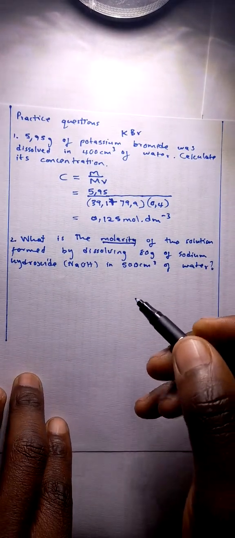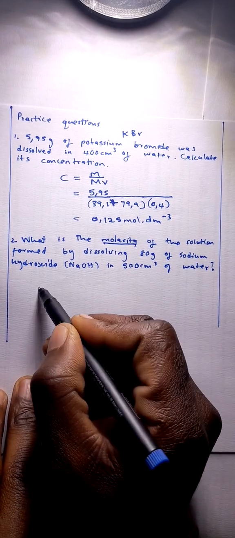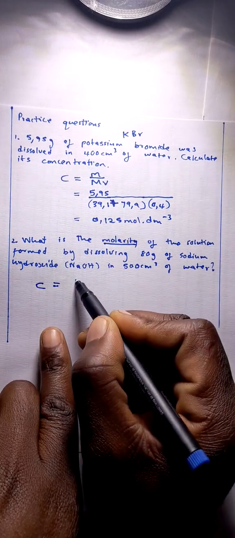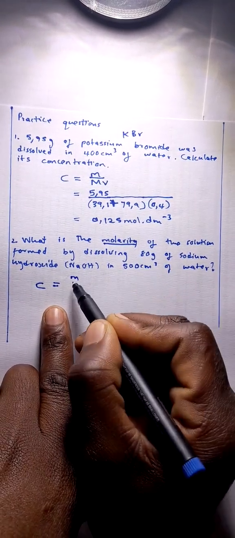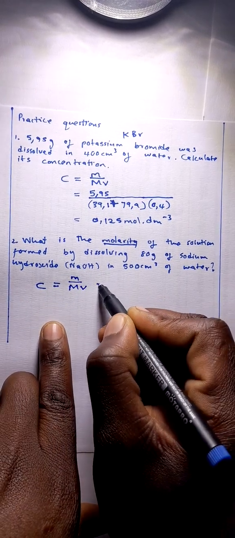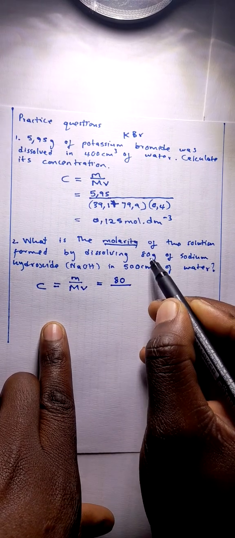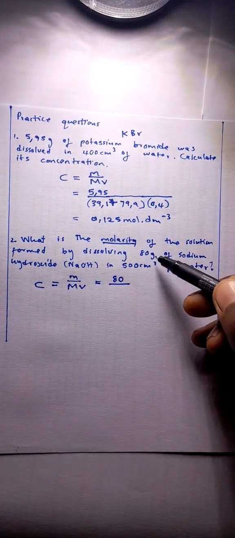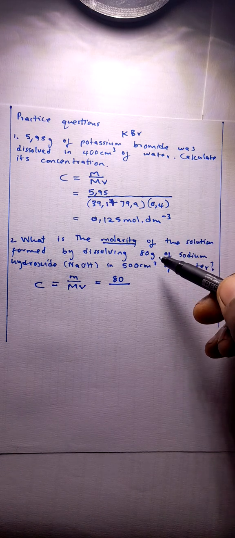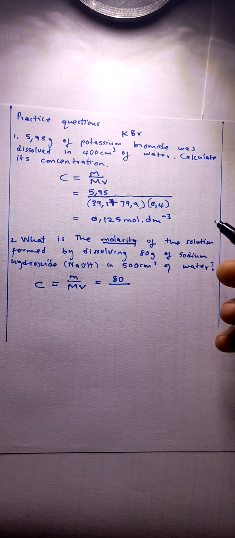It is the concentration in mole per cubic decimeter. So we are looking for the concentration. We have the mass over molar mass multiplied by the volume. What is the mass? It's 80 grams. Remember, if they try and trick you and put milligrams, a centigram, microgram, nanogram, you need to know how to convert to grams. We are looking for grams, not any of those prefixes.